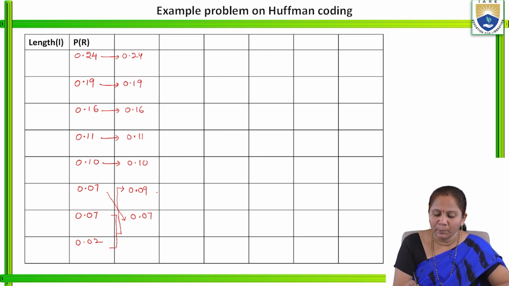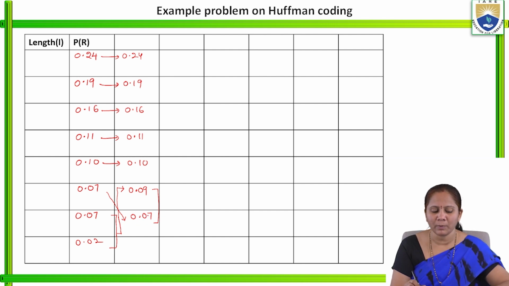Okay. So now perform the addition operation between these two because they are the bottom symbols now. So 0.09 plus 0.07 gives 0.16. So where can I place that 0.16? Here also 0.16 is there, but we have to place the newly generated code at the highest priority compared to this 0.16.